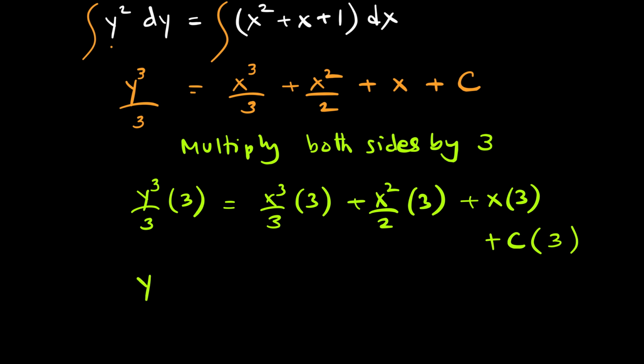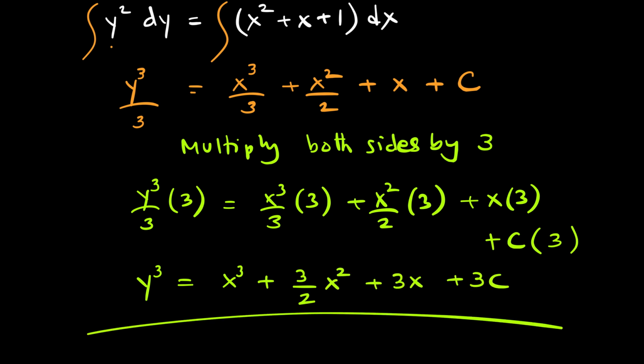So therefore we have y cubed is equal to x cubed plus 3 over 2 x squared plus 3x plus 3c. Again, this is the general solution of the differential equation.